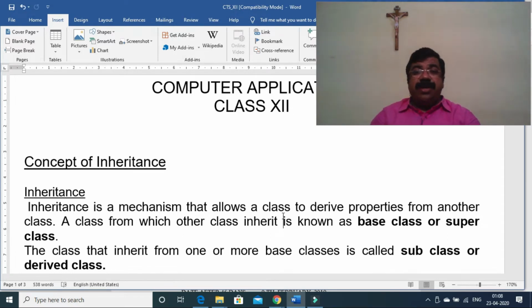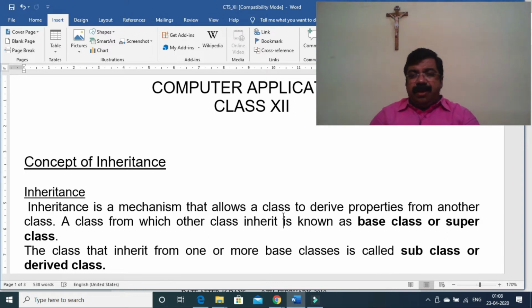The child also will have a good height or whatever qualities I said. We say the child looks like the papa, or looks like the mother. How do we say that? Because he got those qualities from his parents.